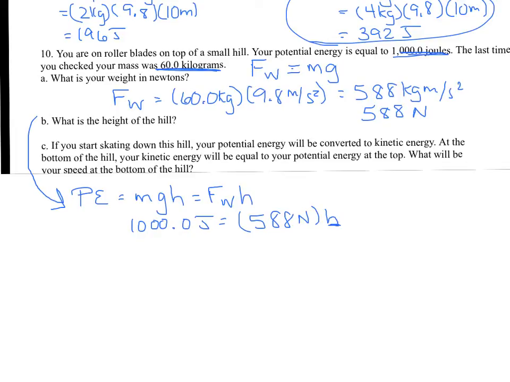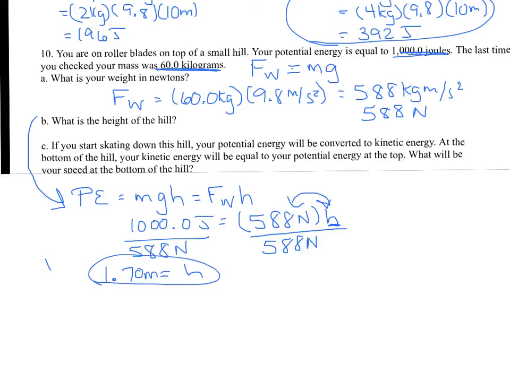So I need to get that by itself, so I'm going to divide both sides by 588 newtons. Since I'm multiplying the 588 by the h, the opposite of multiplying is to divide. So h then will be equal to, I think it rounds up to 1.70 meters. Okay, and that's my answer for B.